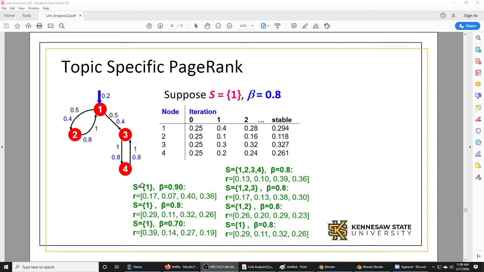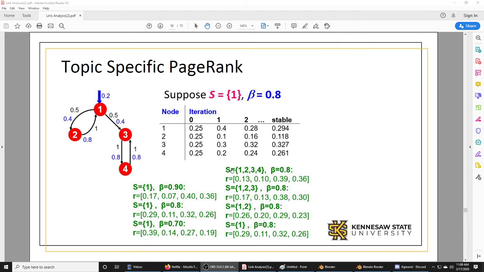So leaving our set at 1 and changing beta, we should see as beta decreases an increase in the rank of page 1. So let's see, 0.17, 0.29, 0.39. So as you can see, our rank in page 1 goes up as beta goes down. Okay, so kind of an inverse relationship here.